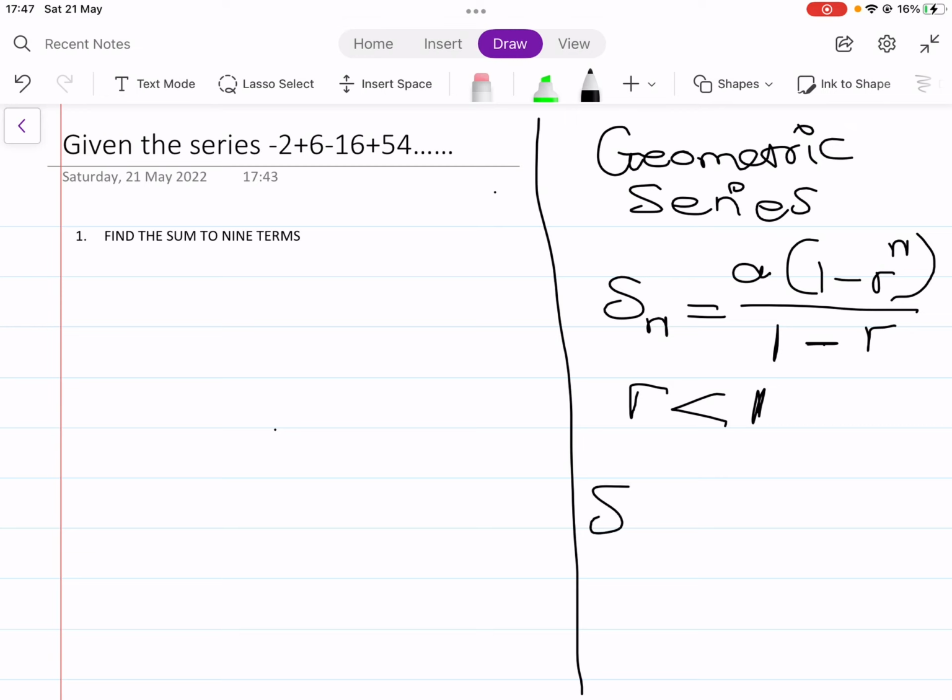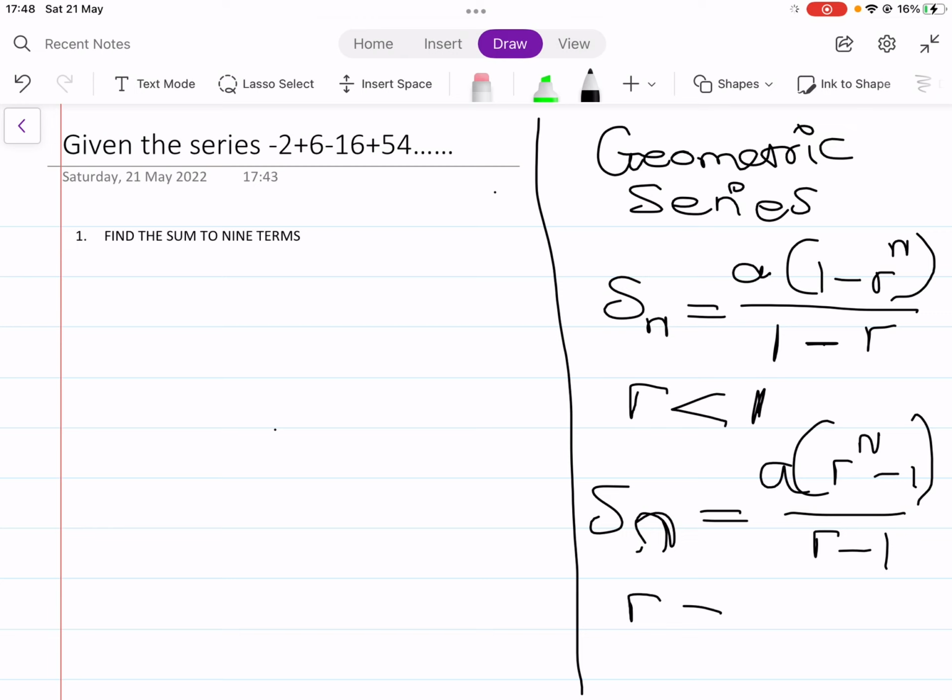And then we have another formula here. Sn equals a(r^n - 1) over r - 1, and this is for r greater than 1. So these two formulas, we are gonna work with them.